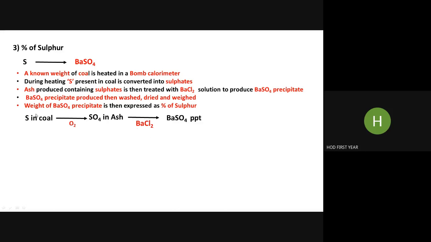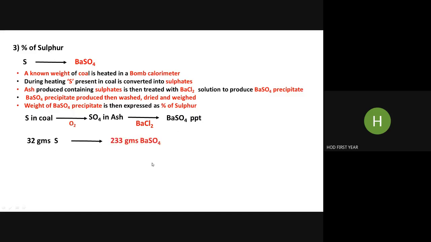So ultimately, one atom of sulfur is converted into one molecule of BaSO4. That is the actual stoichiometry, which is useful for us. Okay? So one atom of sulfur has atomic weight 32. So 32 grams of sulfur is converted to one molecule of BaSO4.